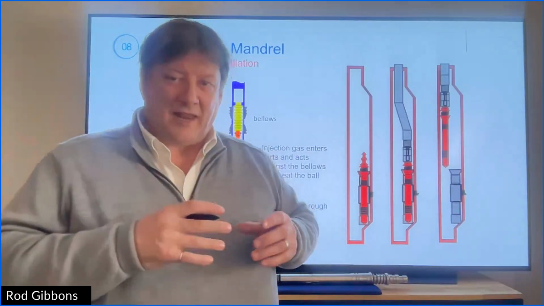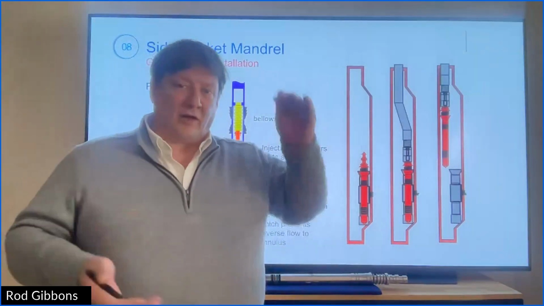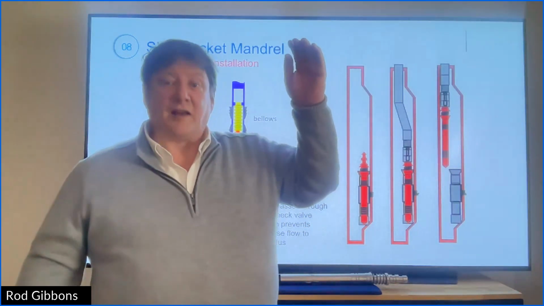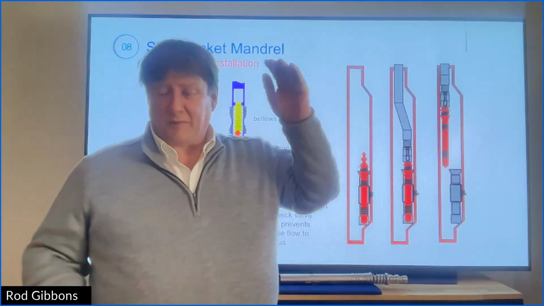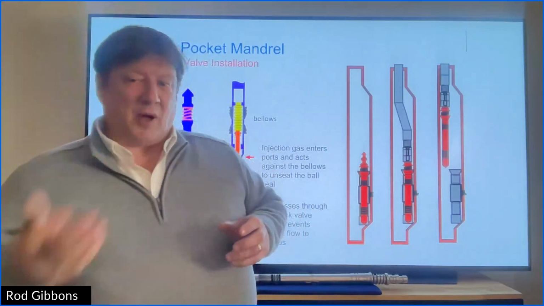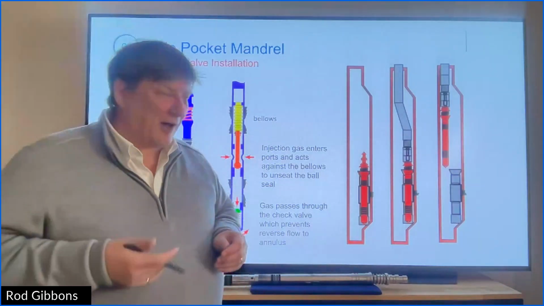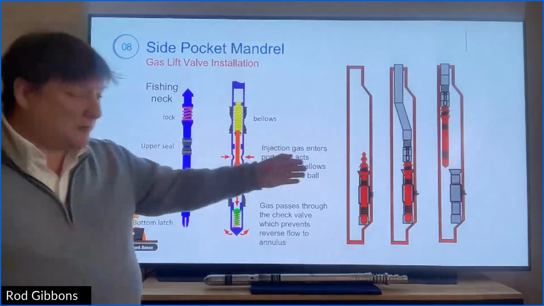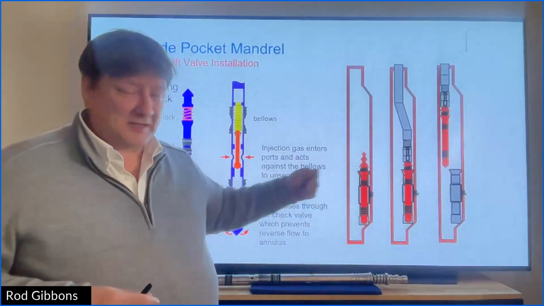They call it a mandrel because it's not a full jointed pipe. It's a shorter length of pipe, and then it's the side pocket. So you put the valve in the pocket, and there's a mandrel where the valve sits.